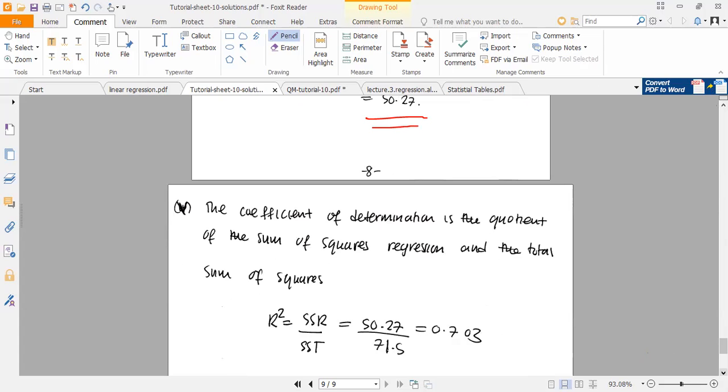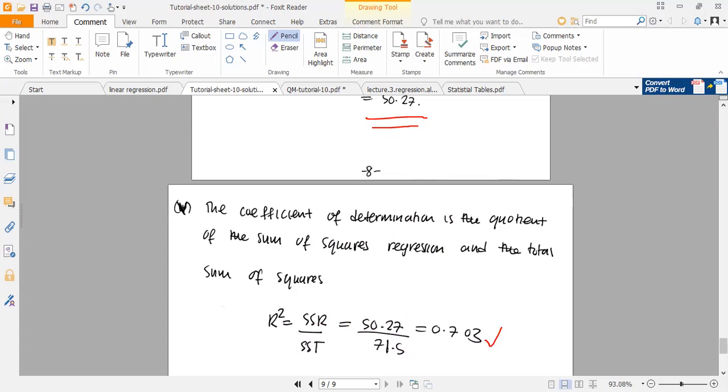Then the r squared is given by SSR over SST. The coefficient of determination is given by SSR over SST, where I divide the answer we got here, the 50.27 over 71.5, which is this here. Now remember, you're not tied to this formula.